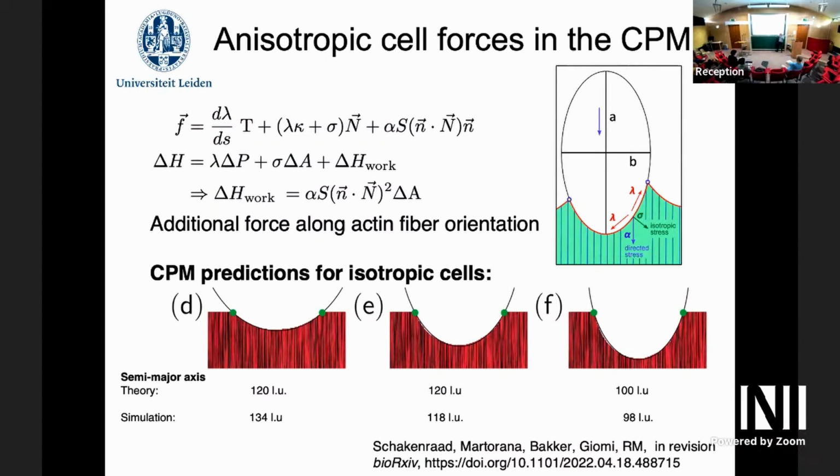where they showed that indeed if you have anisotropic contraction, usually the Young-Laplace model predicts circular arcs between contraction points, and now you can show these should be ellipses. And indeed, if we put this in the cell model, you also get ellipses.